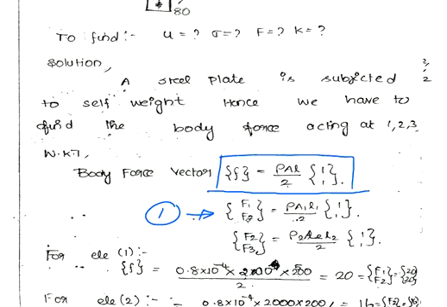So F1 and F2 is equal to rho 1 A1 L1 divided by 2, times 1 and 1.